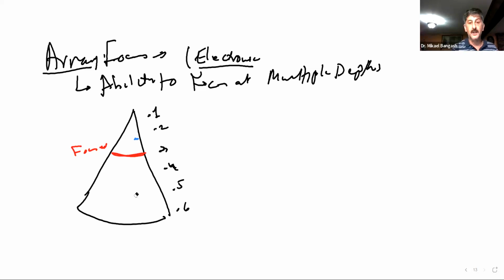Clear? And what do we call this kind of focusing? We call it array focusing. How are we going to be able to do that? It will be the electronics of the system that enable you to focus at multiple points.